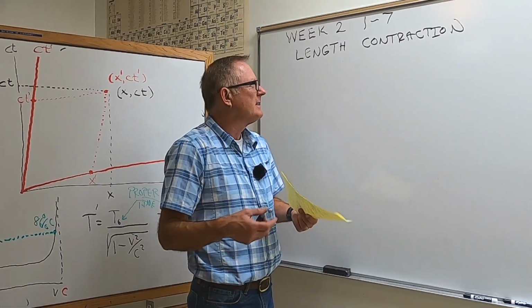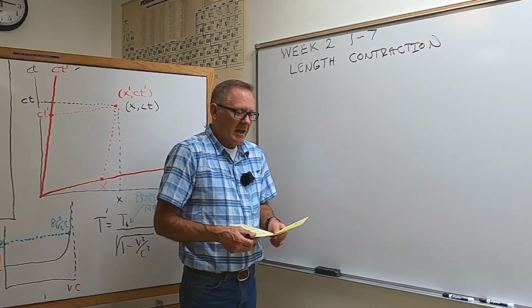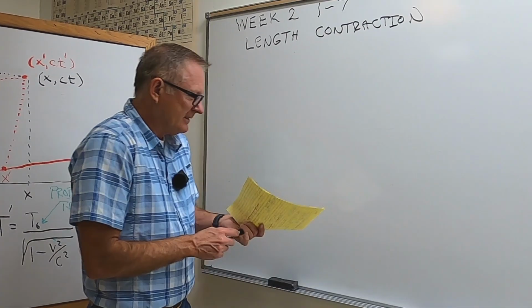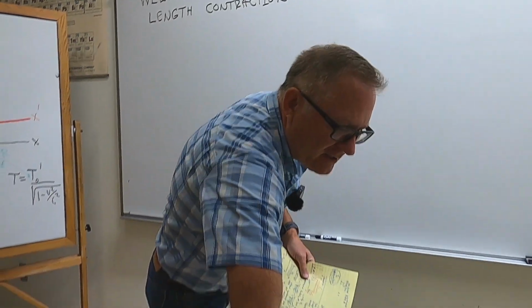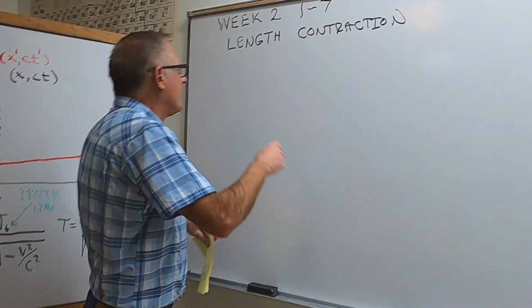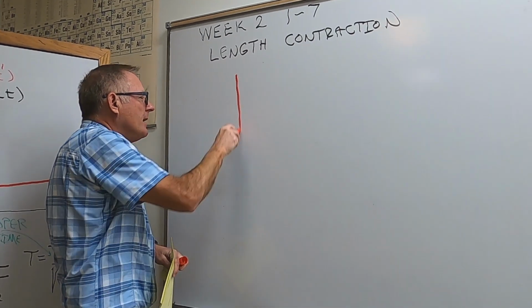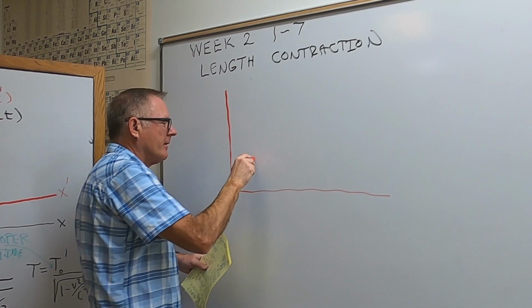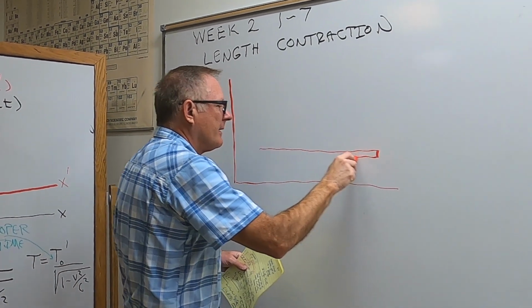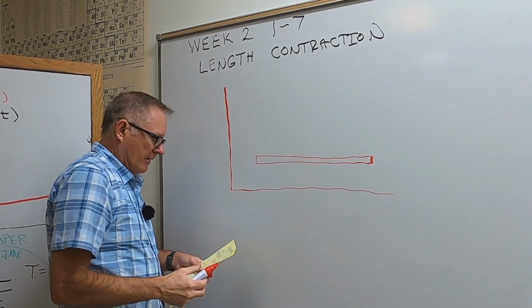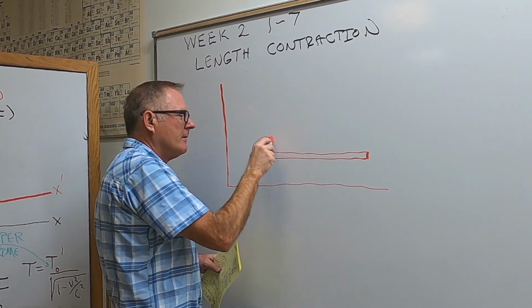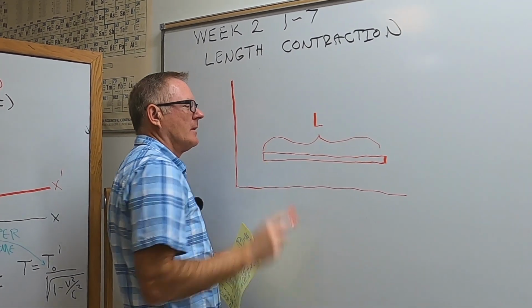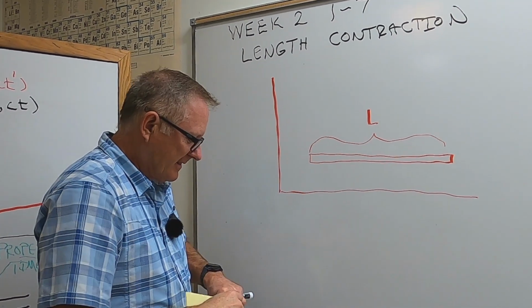We said length was the other absolute from Newton. If we look at this from Mary's point of view, let's say there's a stick right here, with some length L. Now how do you get the length?